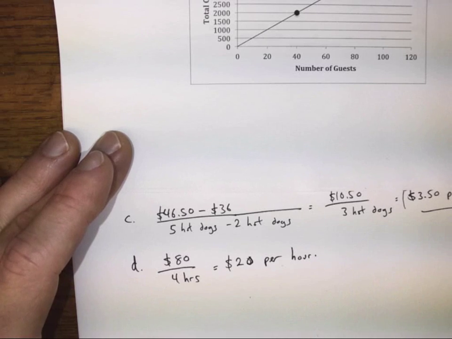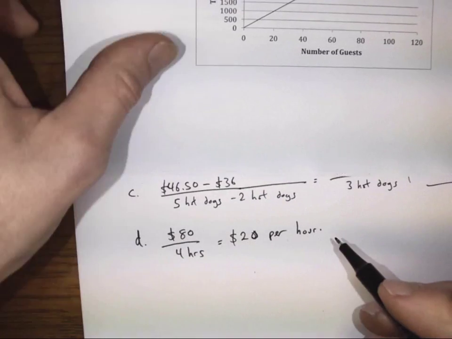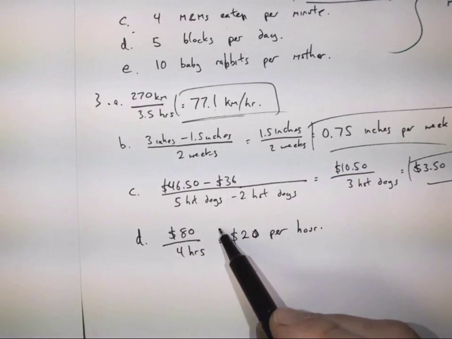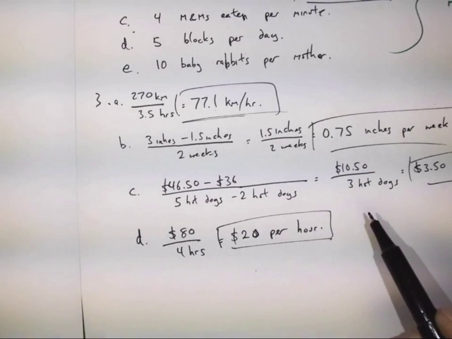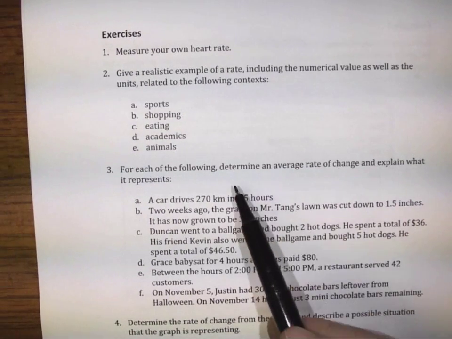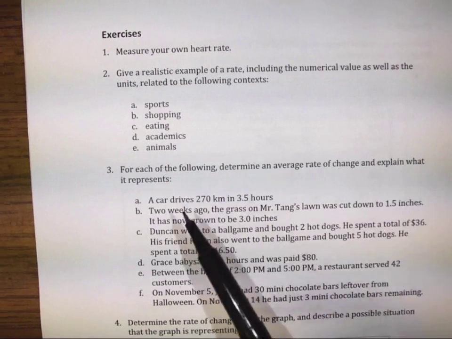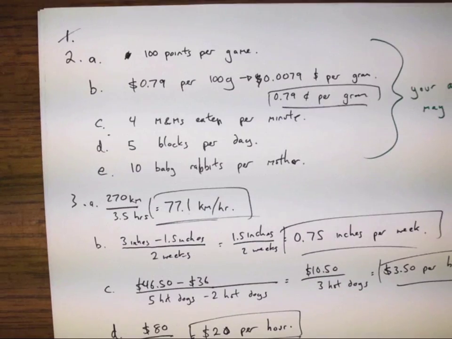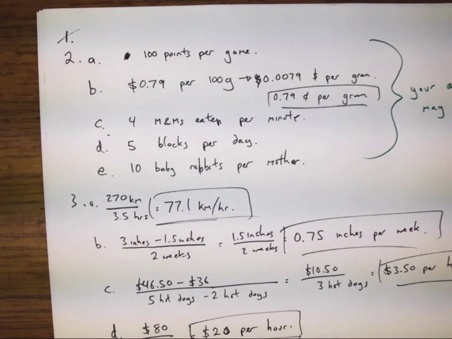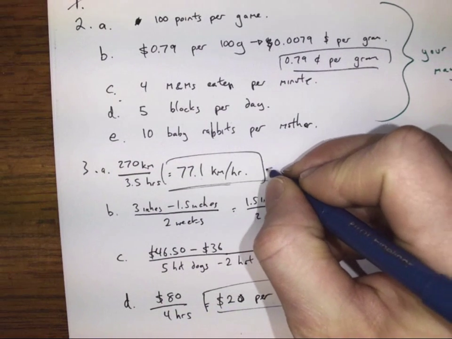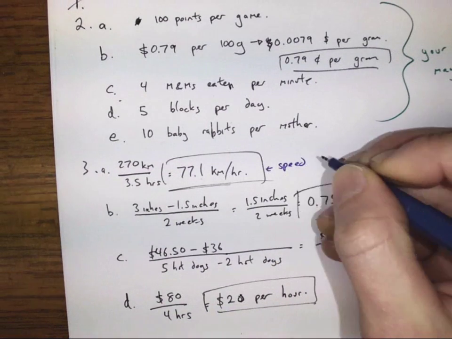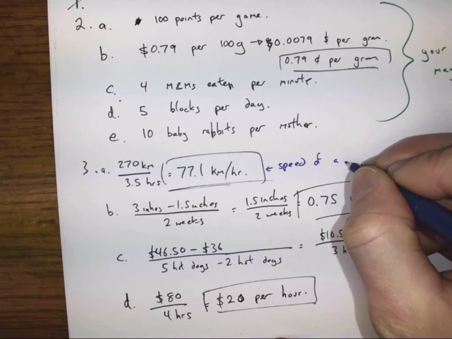And we were asked to express what each of these mean as well. So we weren't just asked to determine the average rate, explain what it represents. So this is speed of a car.